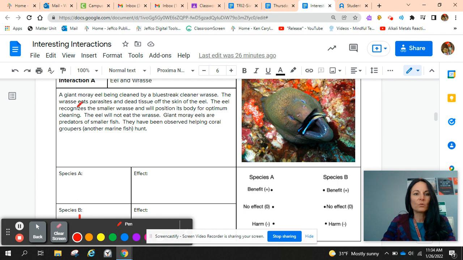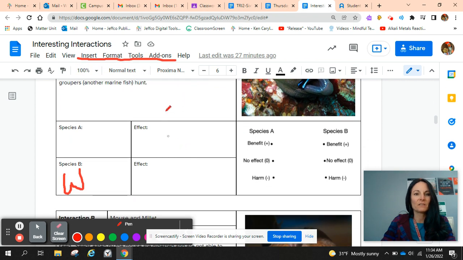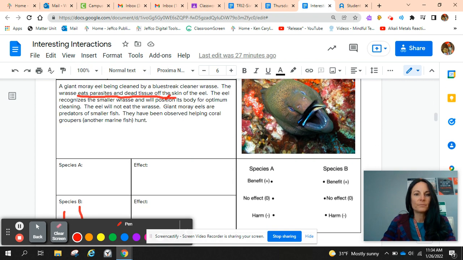Well, it looks like the wrasse is getting food from the eel, and he's not getting eaten. So down here, you would write this. He's getting food from the eel. Okay. That's the second part of this.